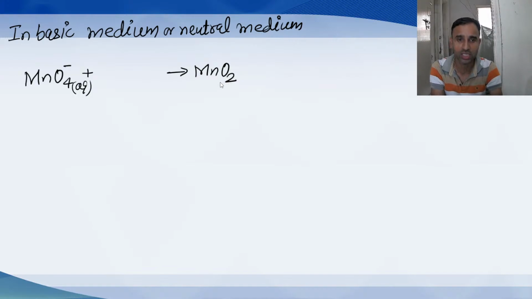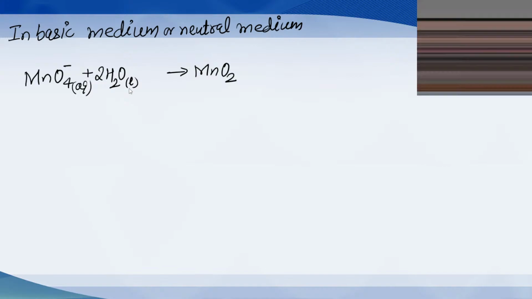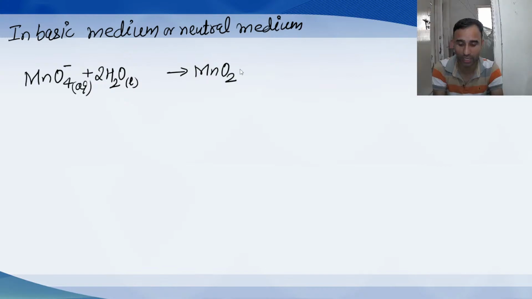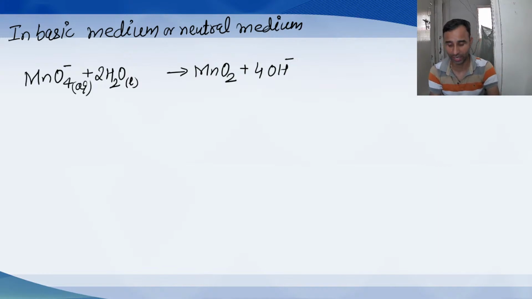So excess of oxygen are 2 on the left side. So 2H2O and double number of OH negative ion to the opposite side.